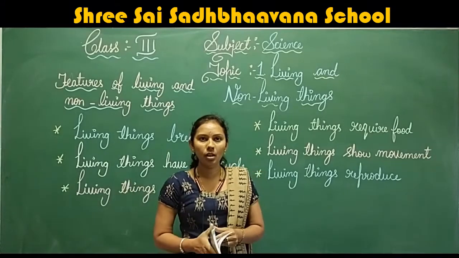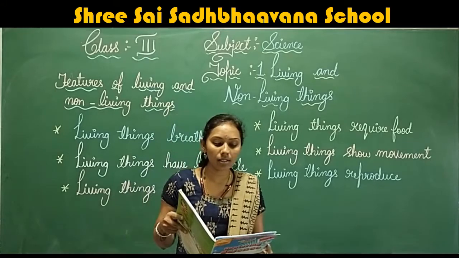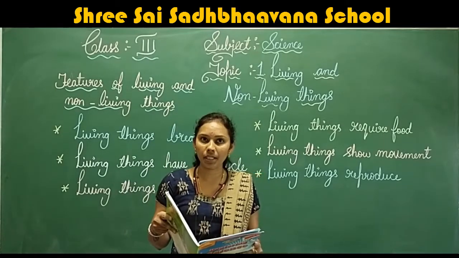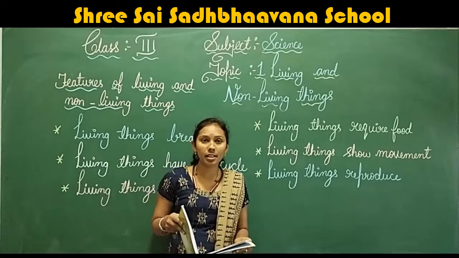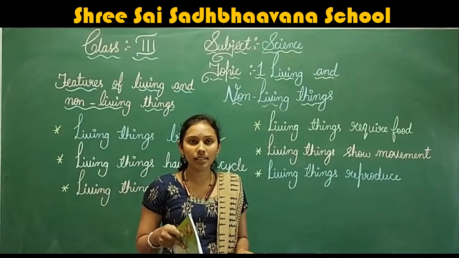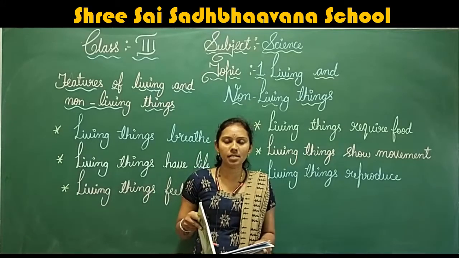Animals move. Plants shed their leaves in autumn and bear flowers in spring. You all know the seasons, summer, winter, rainy, spring, which you have studied. In which season do plants shed their leaves?